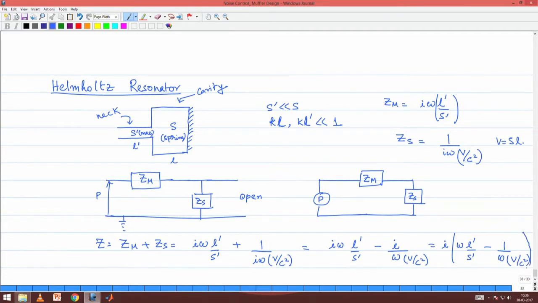So, this is the total impedance. Please note the impedance is purely imaginary. So, it is in the reactance form, there is no resistance. Resistance form of impedance will only come if there is some energy dissipation mechanism. There is no energy dissipation mechanism in this problem.